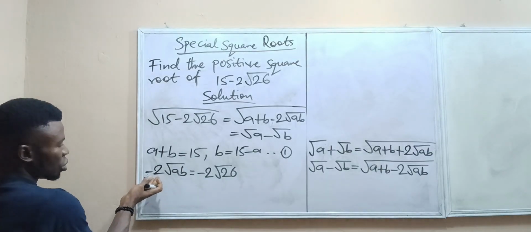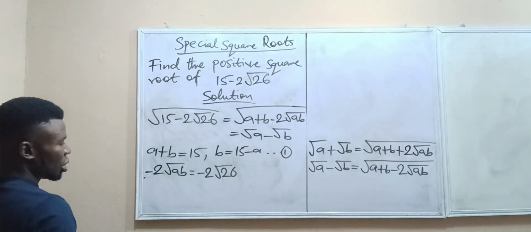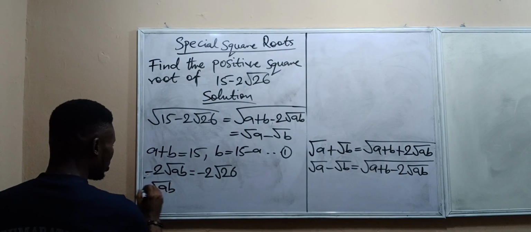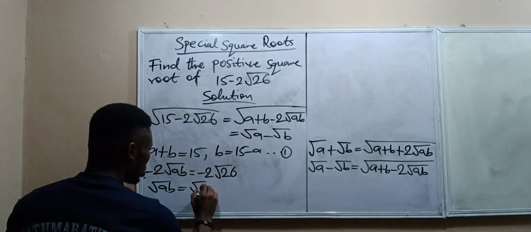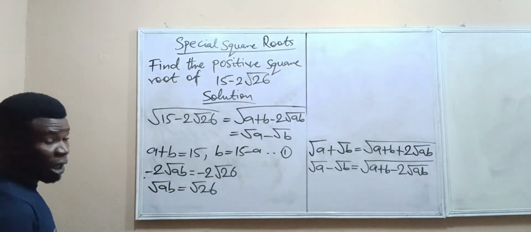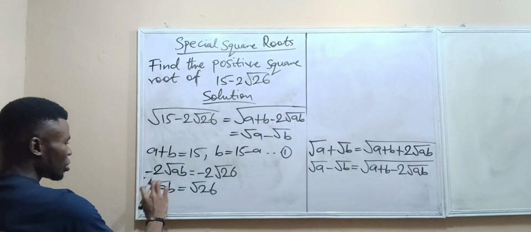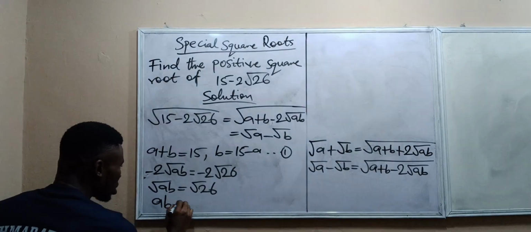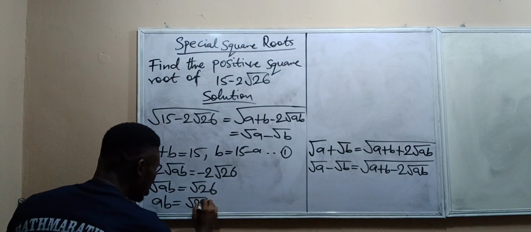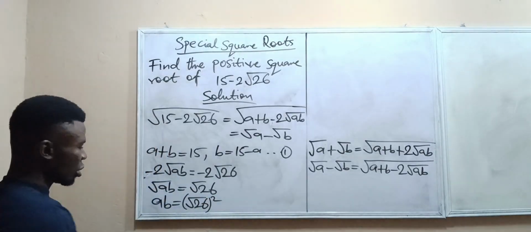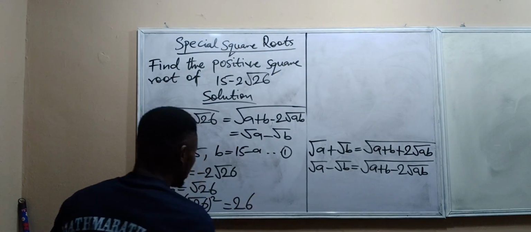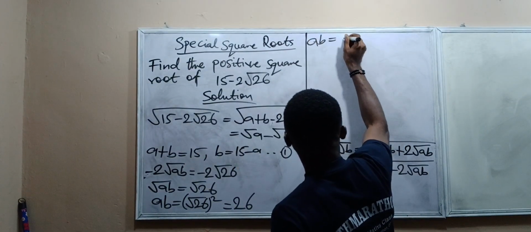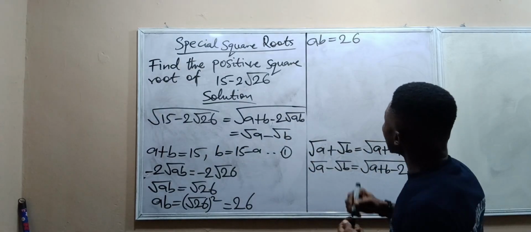And then what we do, we divide both sides by minus 2. So when we divide, we have that surd ab is equal to surd 26, right? And then from here, we take this square root to the other side, and once we take it to the other side, it becomes squared. That means ab is equal to square root of 26 all squared, and of course, this is equal to 26. And now we have ab is equal to 26. And this is equation 2.